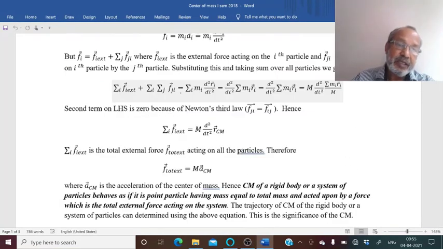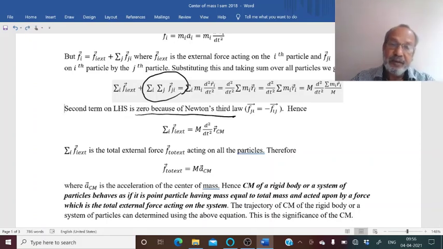In this equation, this double summation term sigma i sigma j Fji will be 0 because i and j are summed over all their values, and we know that according to Newton's third law, Fji is equal to minus Fij.